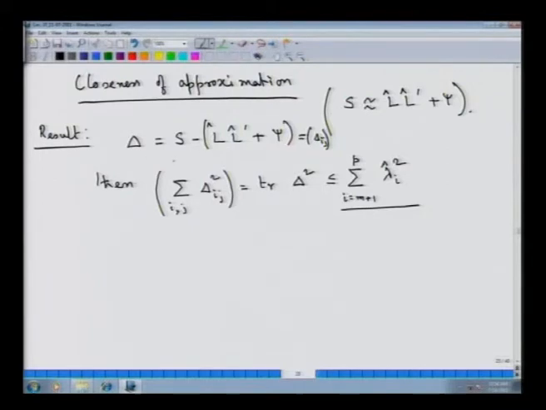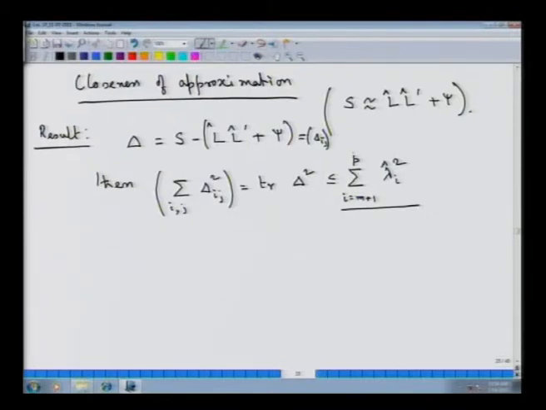Under such a situation, the sum of squares of the entries of this delta matrix is bounded by the sum of squares of the eigenvalues from m plus 1 up to p, the smallest p minus m eigenvalues.